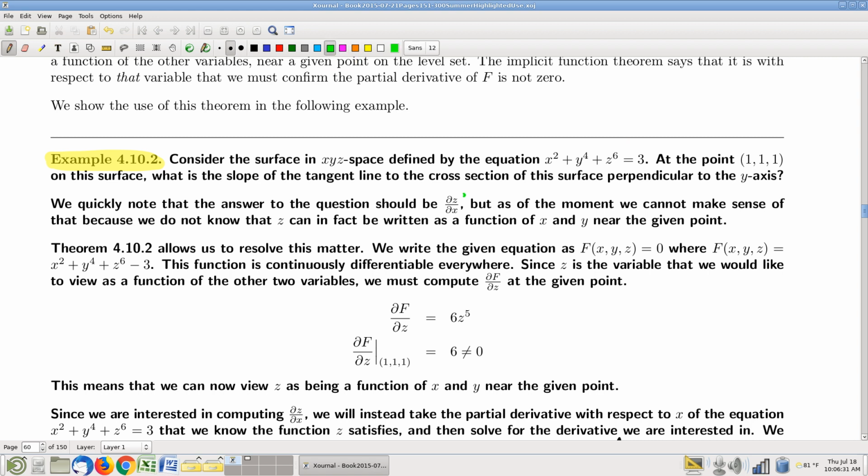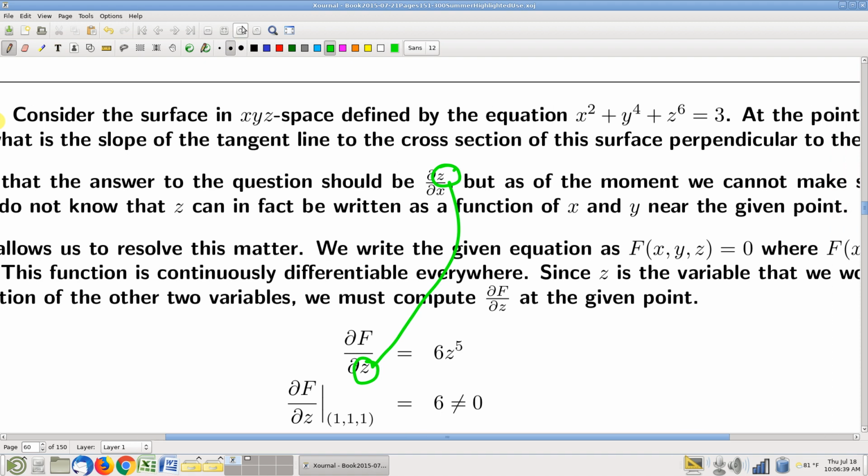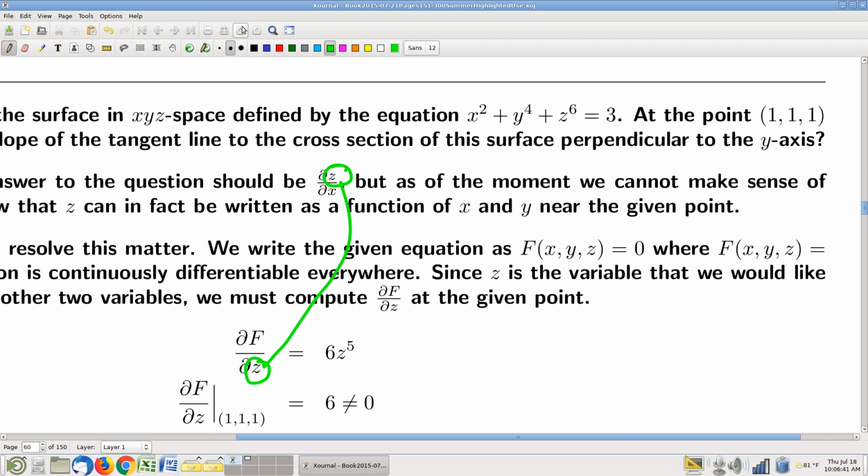The thing that I want to view as being a function, I need to take a partial with respect to that variable. Specifically, I'm taking a partial of the function whose level set I'm looking at, just like in the single variable example that we did previously.